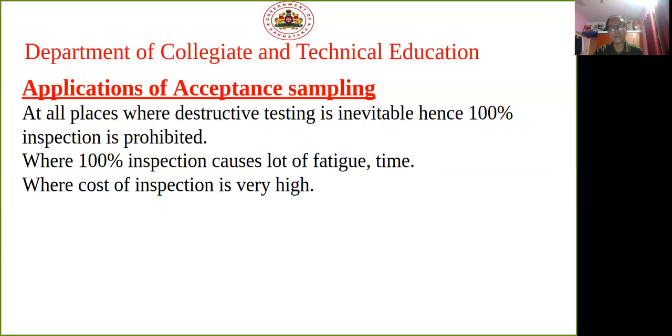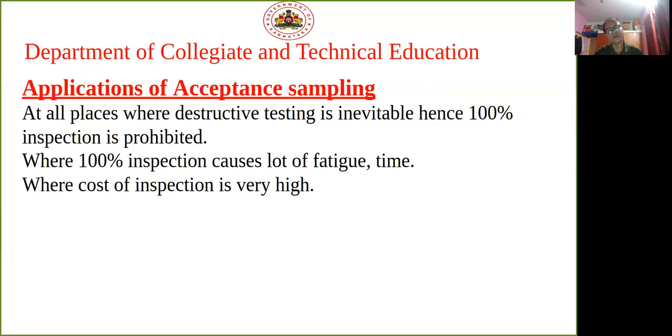Where 100% inspection causes a lot of fatigue and time, because it consumes a lot of time and causes a lot of fatigue, we can go for the inspection of the quantity or the products by means of acceptance sampling, because acceptance sampling will reduce the fatigue as well as the time, and the cost, where the cost of the inspection is very high.